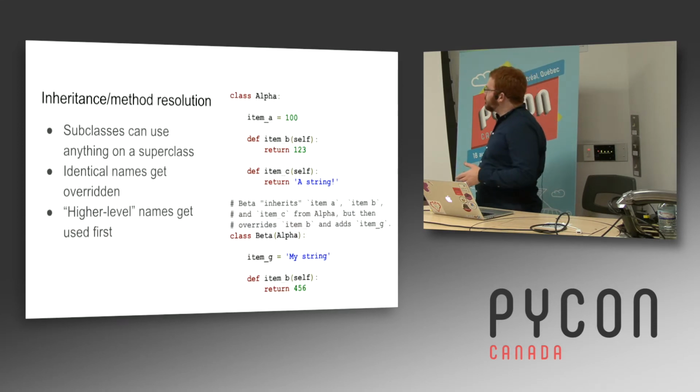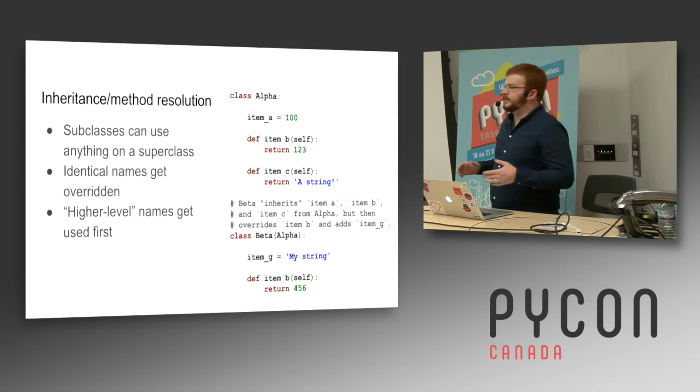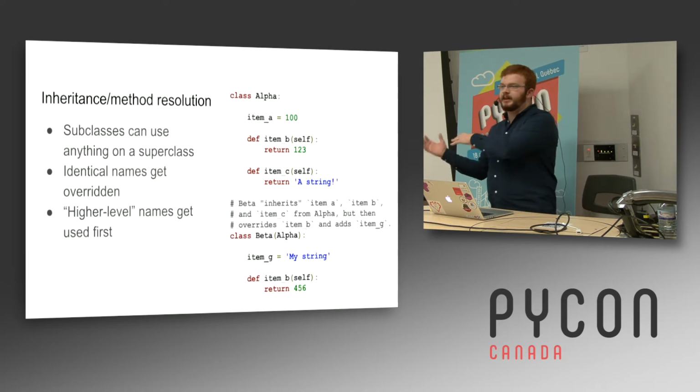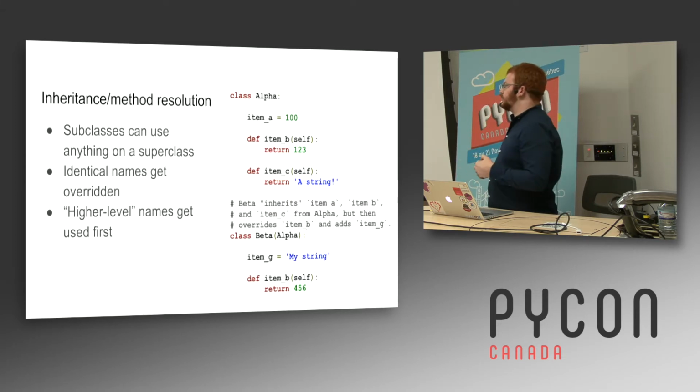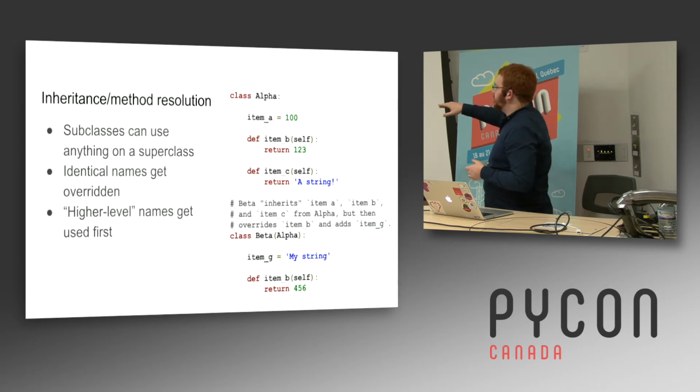So inheritance is when we build a class that essentially says, give me everything from this other class. In this example, the Beta class inherits from the Alpha class. What that means is that Beta, by default, will have everything that Alpha has access to. But you can see that Beta also implements its own behavior.